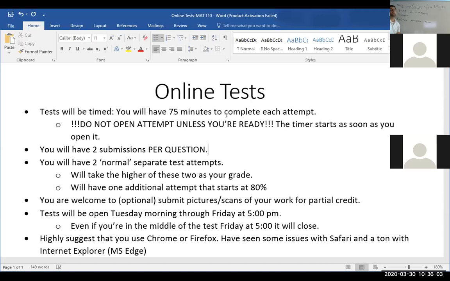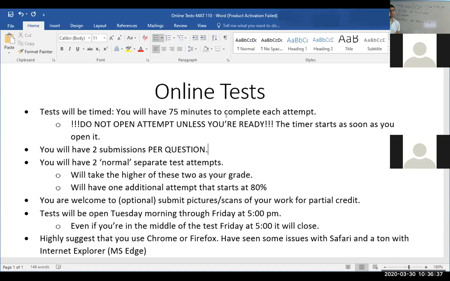The other two, I give you two attempts because you never know. Stuff could happen. But the idea is I can't just issue an infinite number of attempts on a test. That's not how it works. But because it is distance education, I like to have a couple attempts just in case something goes wrong.